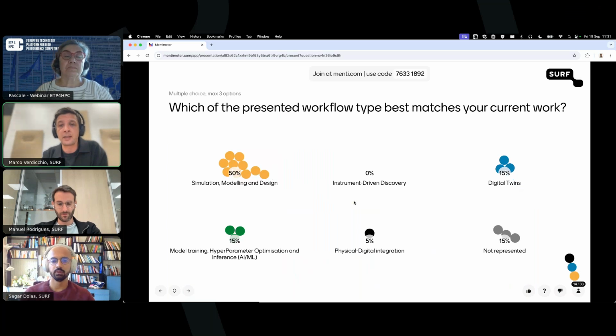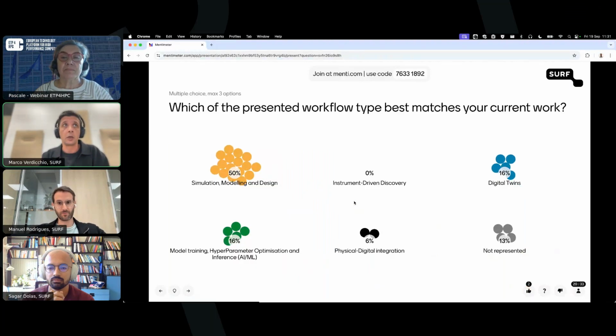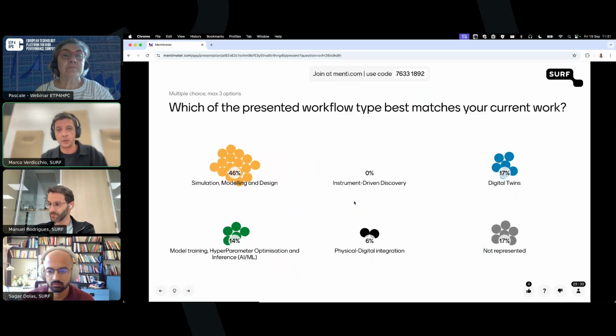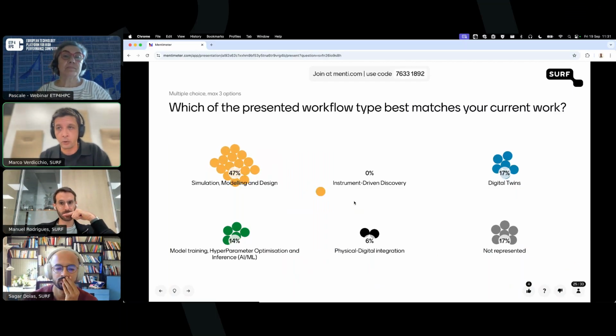These are not mutually exclusive. A workflow may operate with different components of these classes of application, so you can choose up to 3 options. If we haven't represented your workflow, please fill in more information in the form that we provide after the webinar, because it will be interesting to understand what types of workflow we haven't considered.